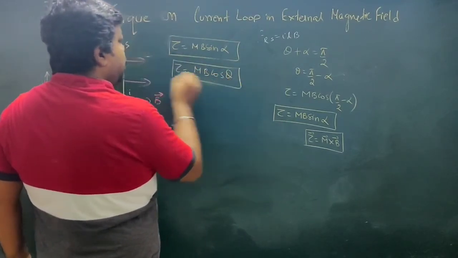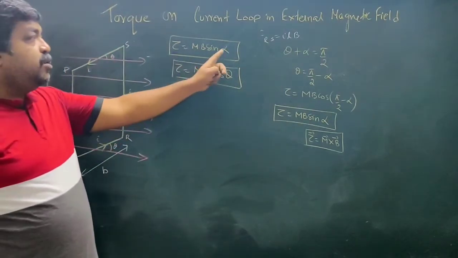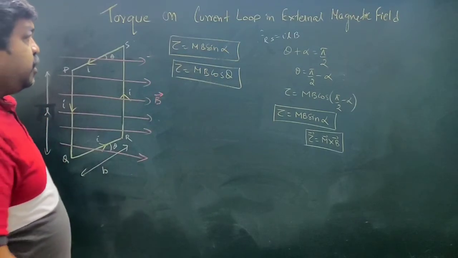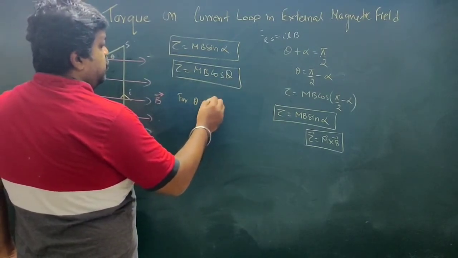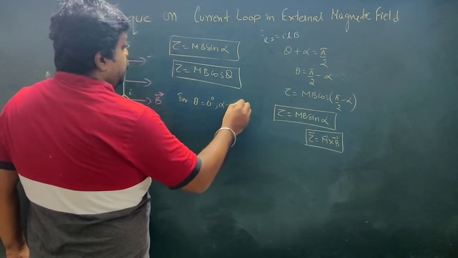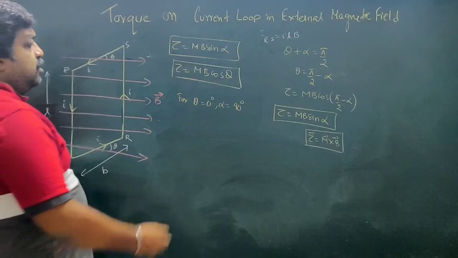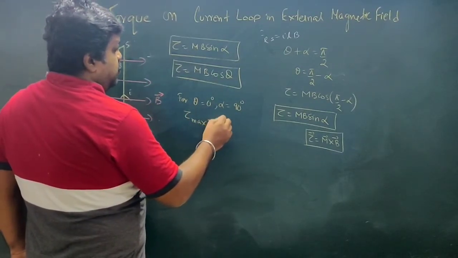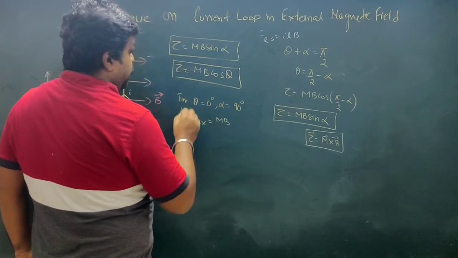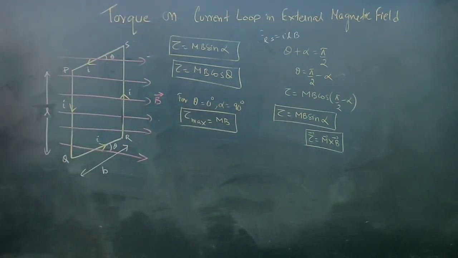For numerical solving, you can use either of the two formulae, provided you know what is the meaning of alpha and theta. Now, for theta is equal to 0 degree, alpha is equal to 90 degree, because theta plus alpha is 90 degree. So in that case, torque will be maximum and it will be equal to MB.